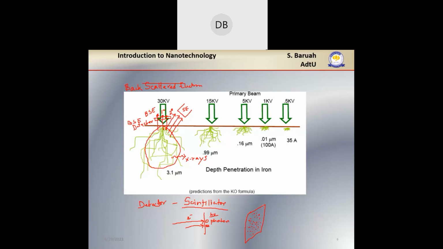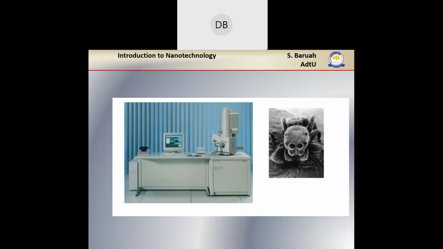That means when you see the image here with a variation of brightness, how does it relate to the actual image? I showed you an FCM image before. If I go back to this FCM image here, you see these parts are dark, this part is slightly brighter, this part is the brightest.